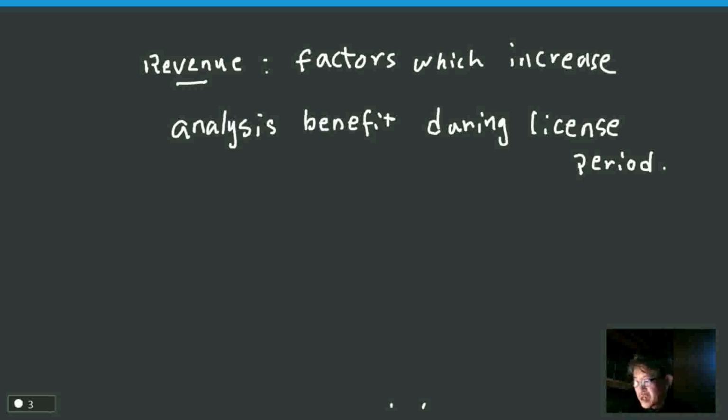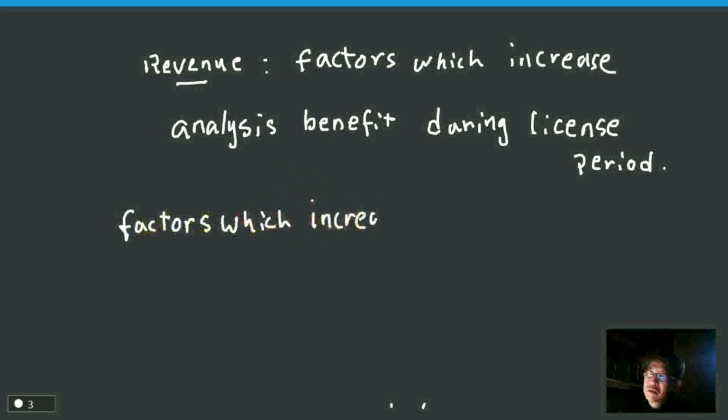And also, we have to check the factors which increase cost in a licensing contract.